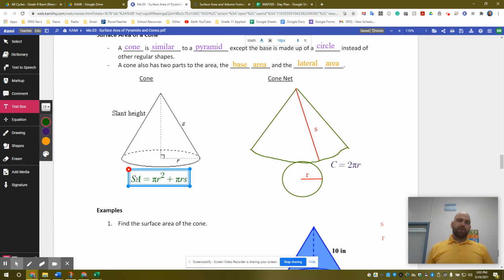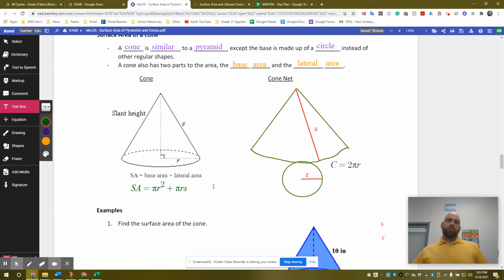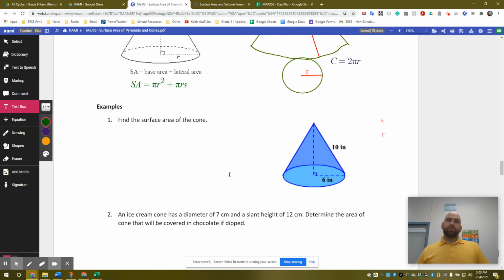We can also think of it this way: surface area is equal to the base area plus the lateral area. This is the base area, this is the lateral area. Depending on what we need to find, we're going to be finding both pieces, or one piece or the other. So let's find the surface area of this cone.